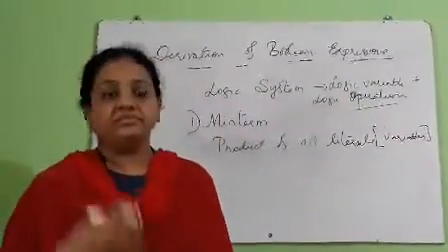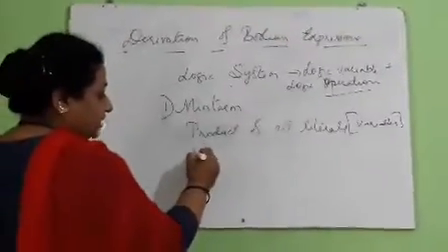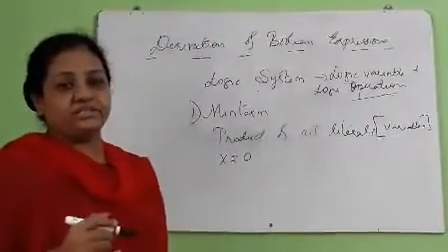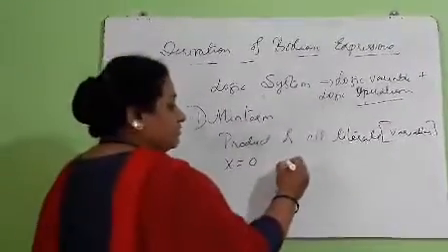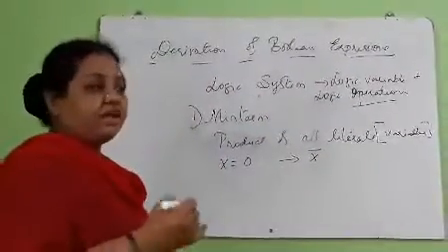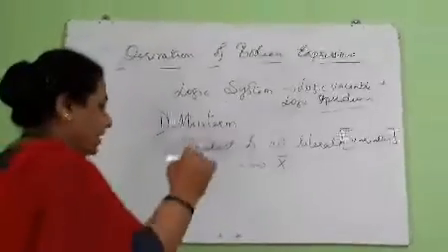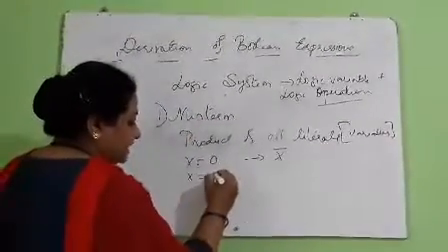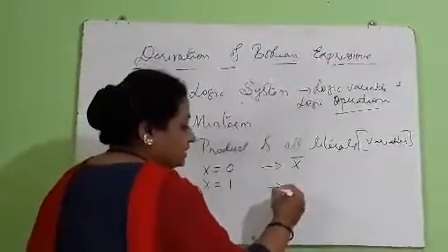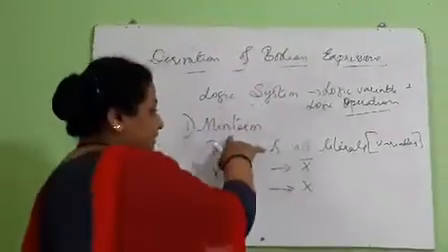In a min term, if a variable is 0, for example if the value of x is 0, that will be represented as x bar. If a variable or a literal represents 1, for example if x is equal to 1, then it is represented as x. So what is a min term?